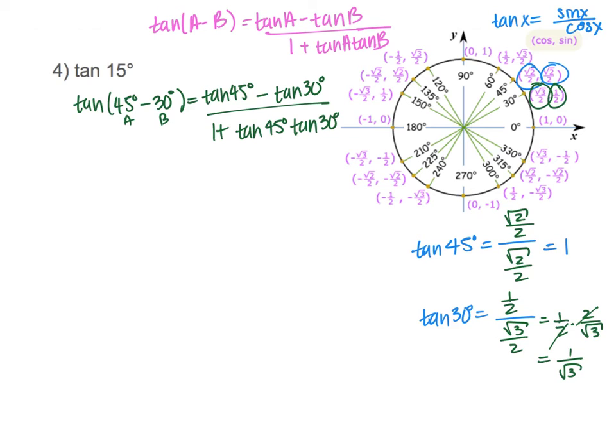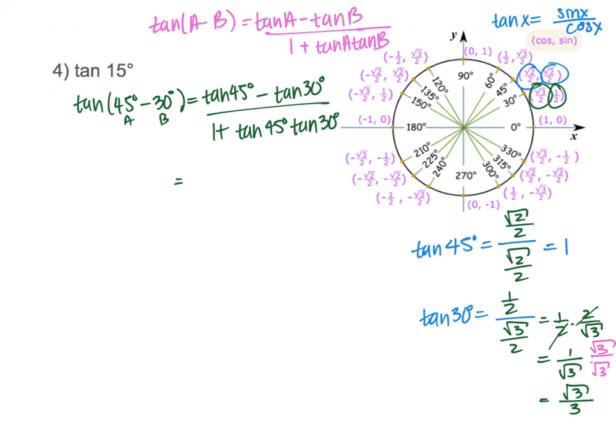But we can't have a root of 3 in the bottom, so we multiply top and bottom by itself. If you do that, you get the square root of 3 in the top over 3, because the square root of 3 times the square root of 3 gives you 3 in the bottom. All right, so that means tangent of 30 degrees is the square root of 3 over 3.